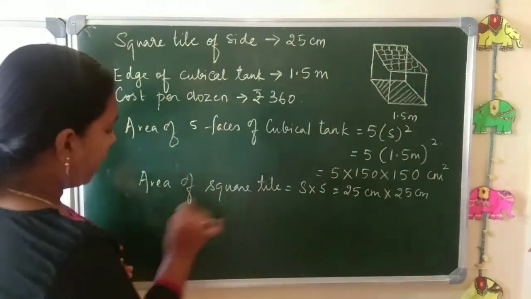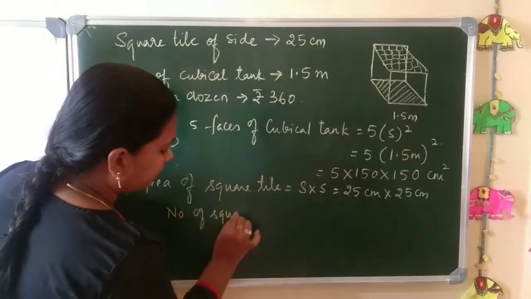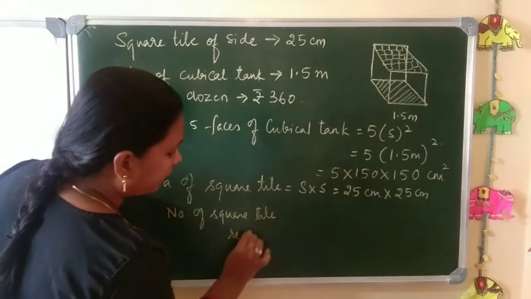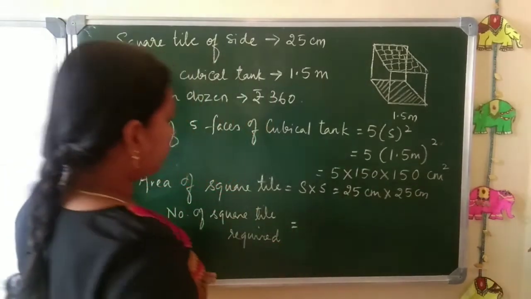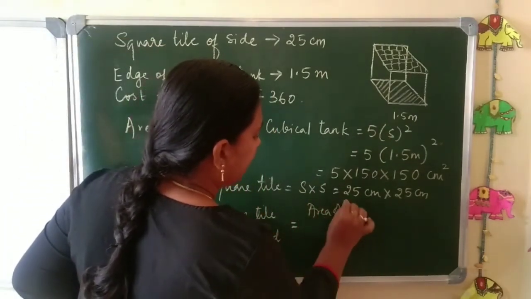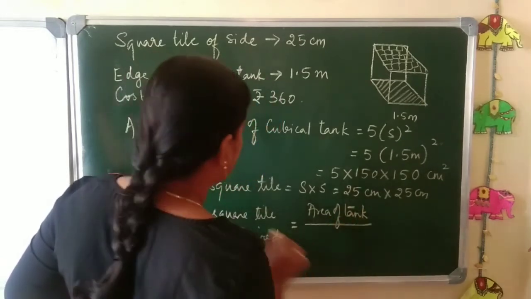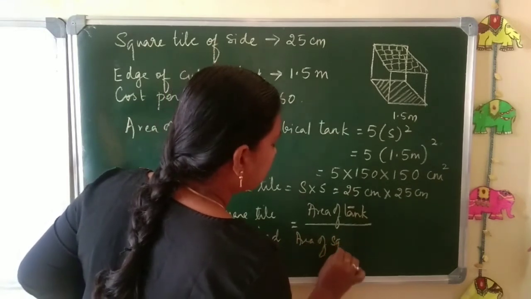Now you have to find the number of square tiles. The number of square tiles required for covering this tank will be equal to the area of the tank divided by the area of the square tile.